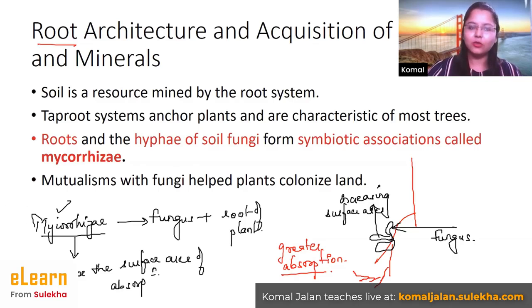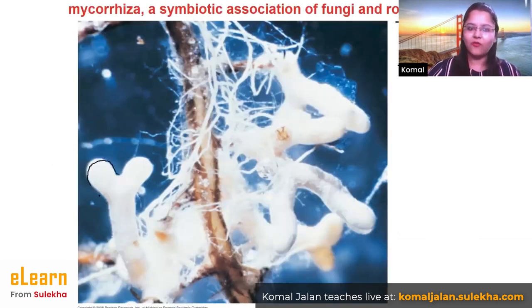This is not compulsory; it may happen in the plant. This is mutualism, where the mycorrhizae take the benefit from the plant and the plant also gets the benefit from the fungus. So this kind of association is a mutual association. These are the fungus which are associated with the roots of the plant.